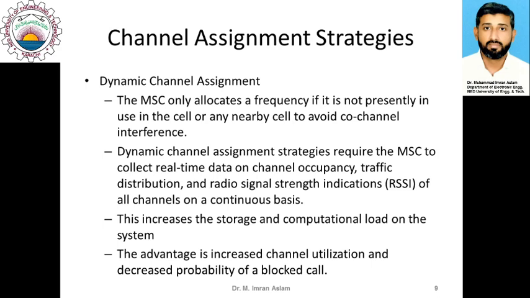But the biggest advantage in such dynamic channel assignment is that the channels are better utilized, and the probability of call blocking gets decreased, because if a certain cell has more users in a particular region, more channels will be diverted towards that particular cell, and if a cell has a lesser number of users, fewer channels will be allocated in that particular region. Eventually the overall quality of service from the user perspective would be increased.